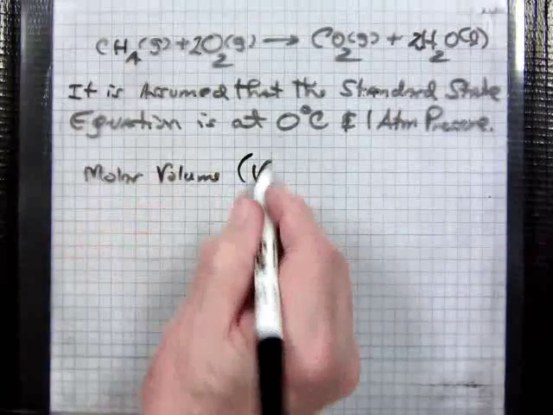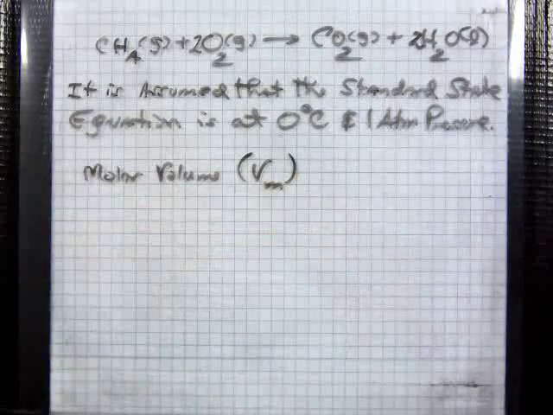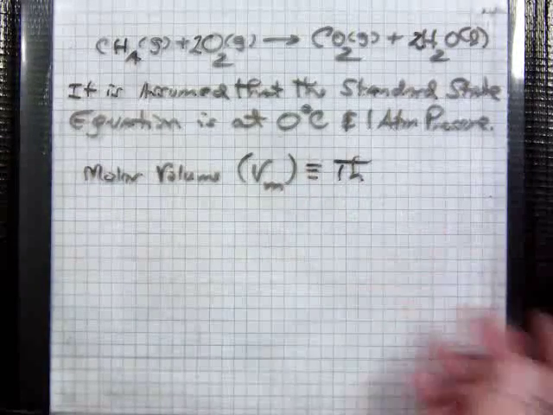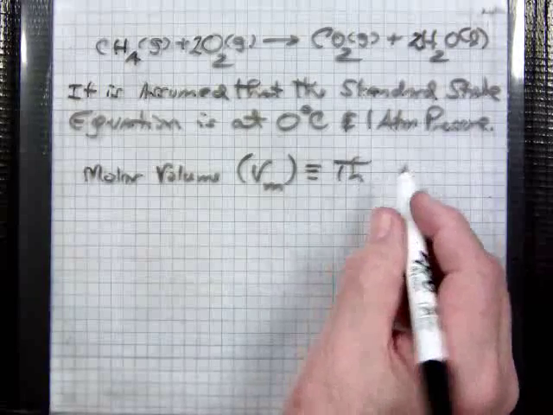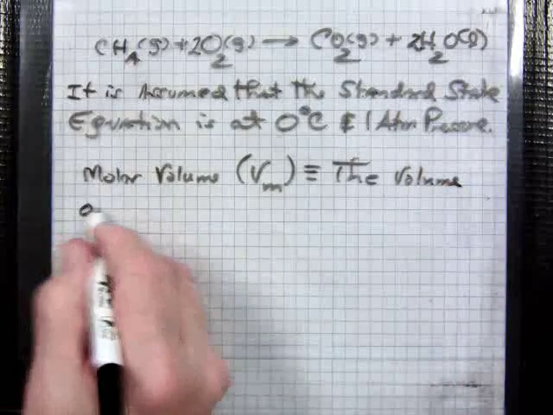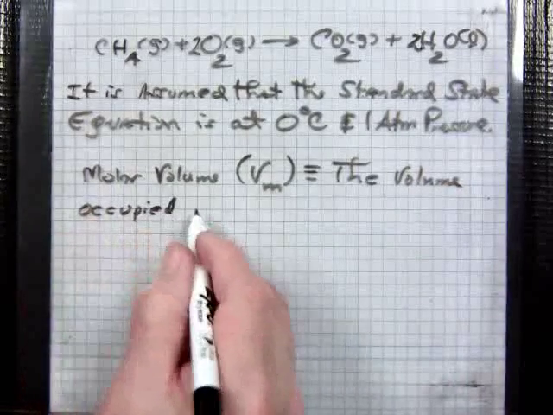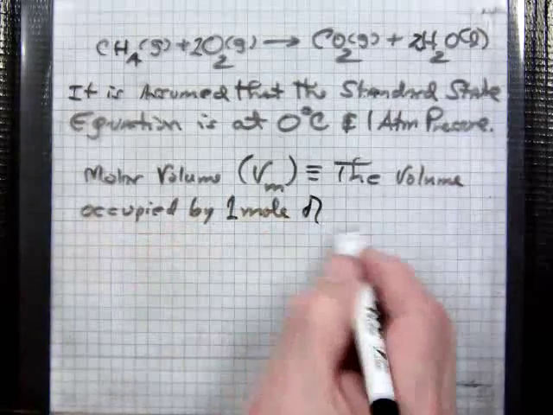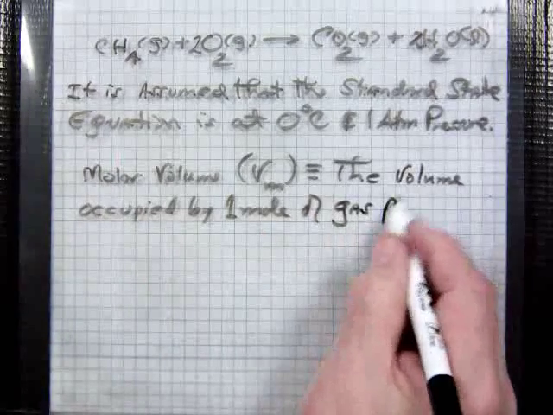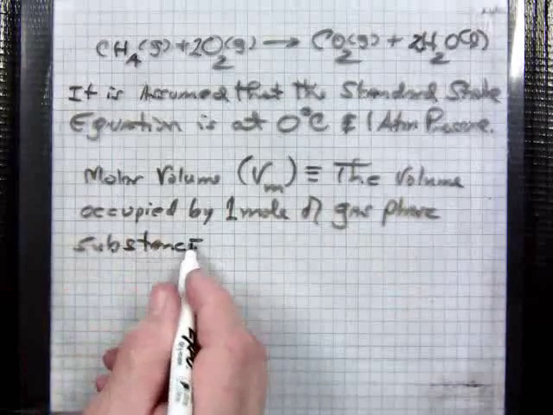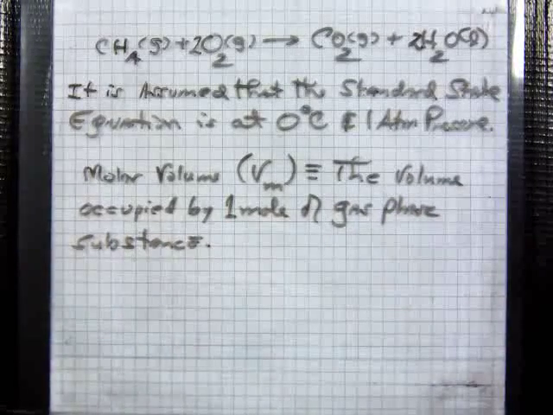A molar volume, symbolized by capital V subscript M, is defined as the volume occupied by 1 molar mass of gas phase substance. Now, I visualize this in my head as something like a basketball.